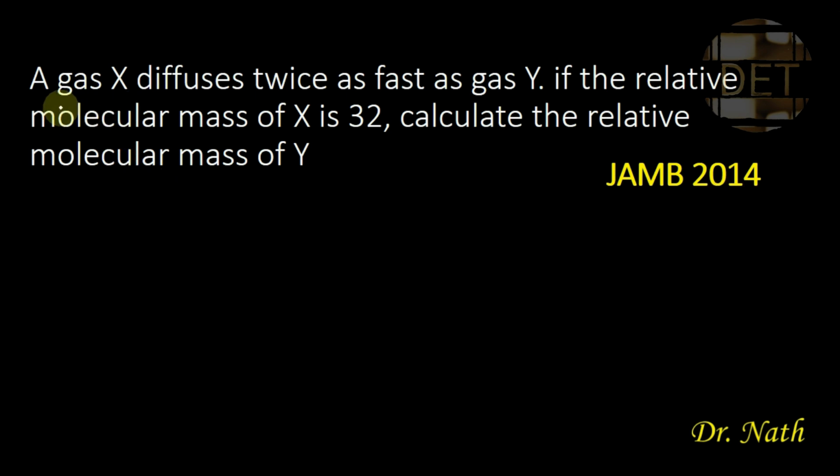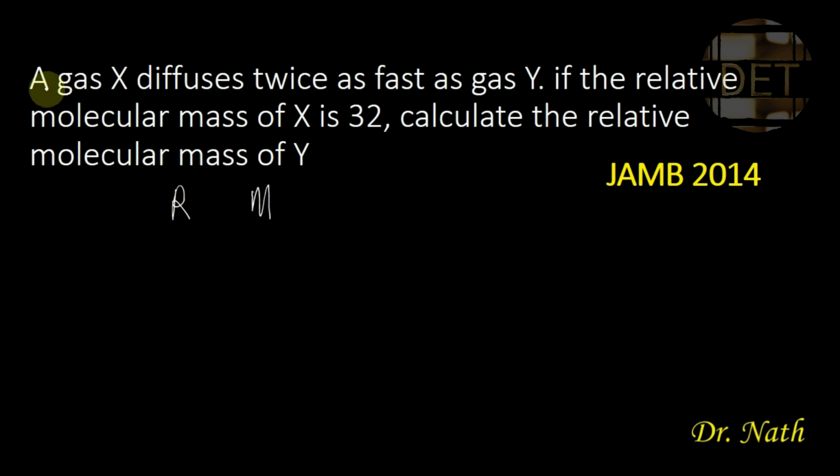The question is, a gas X diffuses twice as fast as gas Y. If the relative molecular mass of X is 32, calculate the relative molecular mass of Y. If you observe very well, the parameters discussed here are the rate of diffusion of the gas and the relative molecular mass.